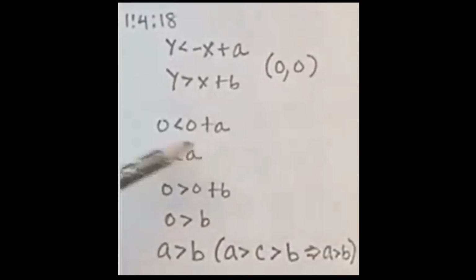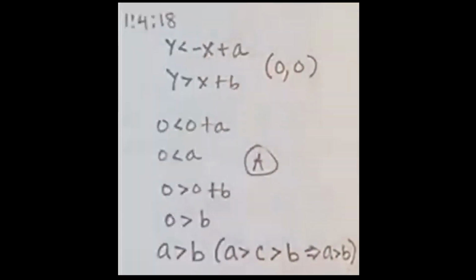So 0 is less than 0 plus A means 0 is less than A. Same thing for B. Plugged in 0, 0, and 0 is greater than B, which means A is greater than 0 and 0 is greater than B. If A is greater than 0 and 0 is greater than B, that means A is greater than B. So the answer is A.